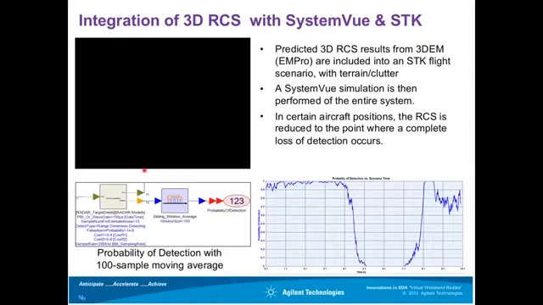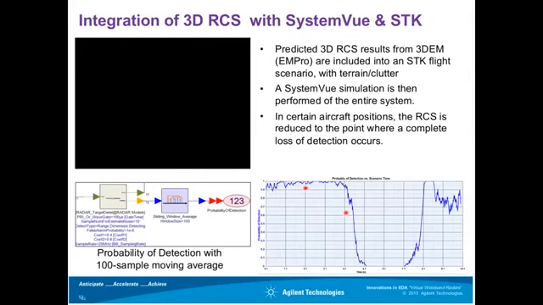But what this shows is the aircraft, and it goes through some tactical maneuvering. And as it goes through the maneuvering, we see as the aspect ratio changes, there's certain time segments. Across the x-axis is time, and the y-axis is probability of detection.